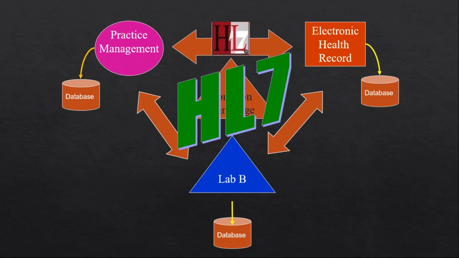They don't need to bother about the architecture of the other side, whether it is the electronic health record, a lab information system, or any other system. In fact, they can connect with any other 10 systems out there. They just need to generate the HL7. As HL7 is the common medium of communication between healthcare applications, the applications on the other side would understand HL7, consume it, and insert the data into their own databases.